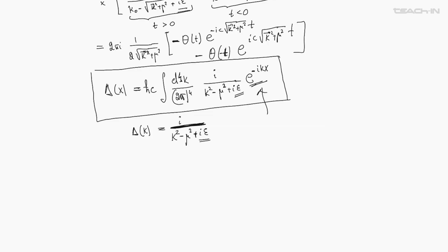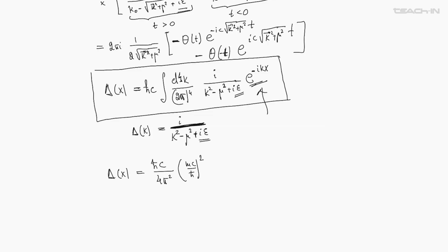Actually, I do it in the lecture notes, so if you're interested, please look in there. There I prove that the explicit form of delta of x in the x space is given by h bar c divided by 4 pi squared, mc divided by h bar squared, with all the constants. I'm writing it with all the constants.